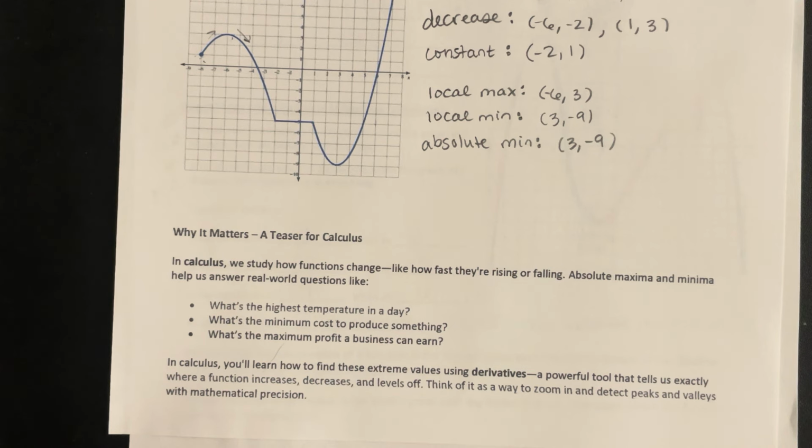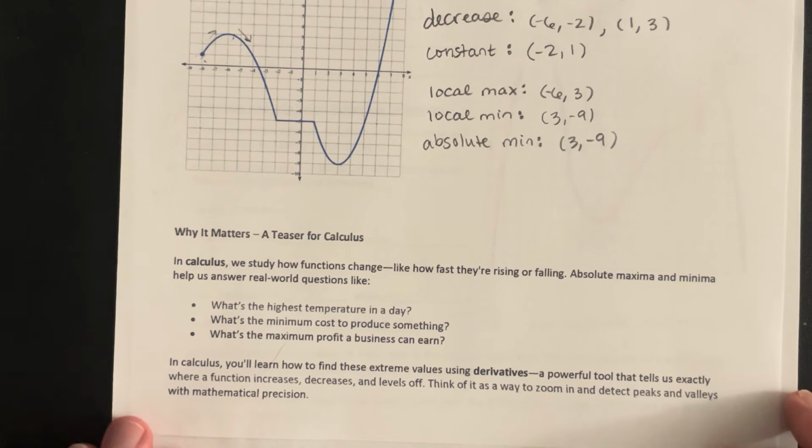We can use that function to describe when it is rising or falling, when it's increasing and decreasing. We can also find absolute maximums and minimums, or local maximums and local minimums. It helps us answer questions like, what's the highest temperature in a day? What's the minimum cost to produce something? Or even what's the maximum profit a business can earn?